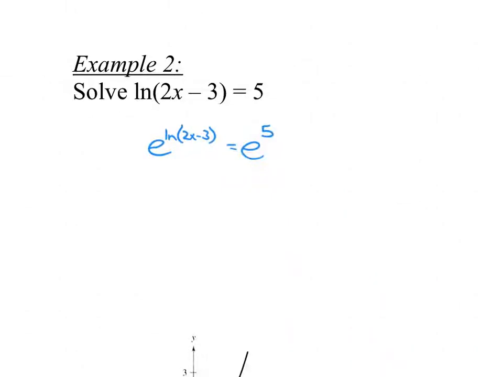And then, as a result, e to the ln will undo each other, and we have 2x minus 3 equals e to the 5th. At that point, it's basic algebra. Add 3, divide by 2, and x is e to the 5th plus 3 over 2.